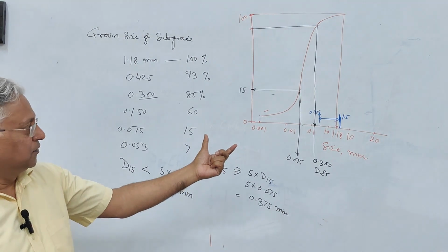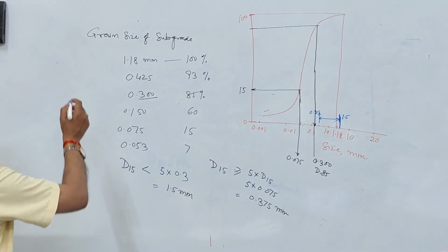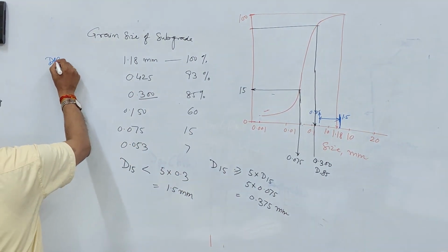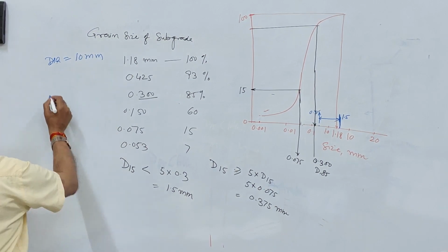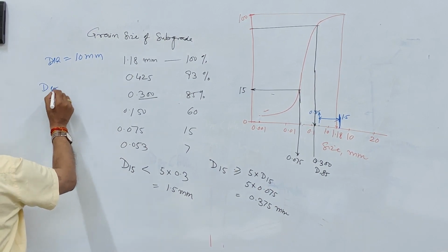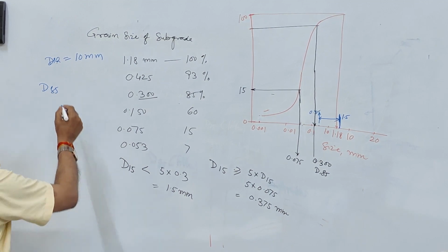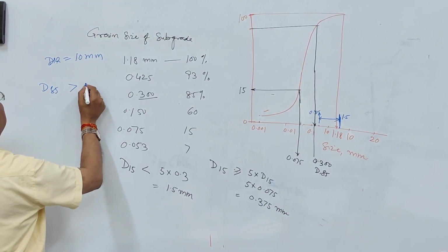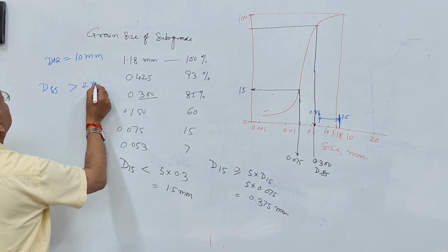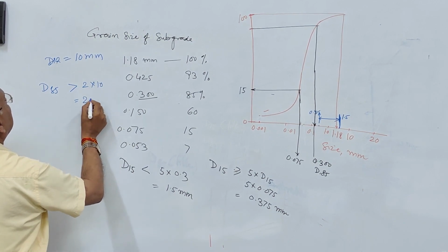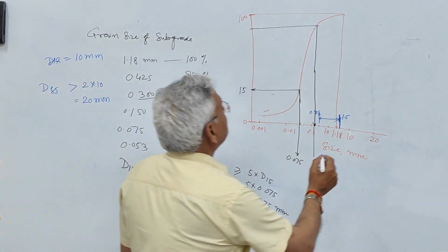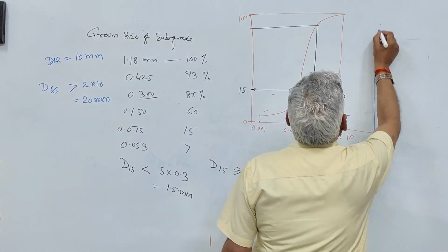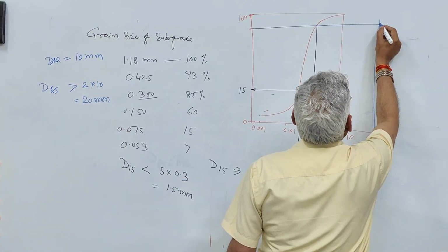Let us say the diameter of the perforation in the pipe is 10 millimeter, and therefore D85 of the filter material should be twice or more than 2 times this diameter, and that is 20 millimeter. 20 millimeter is here. So this is the point.